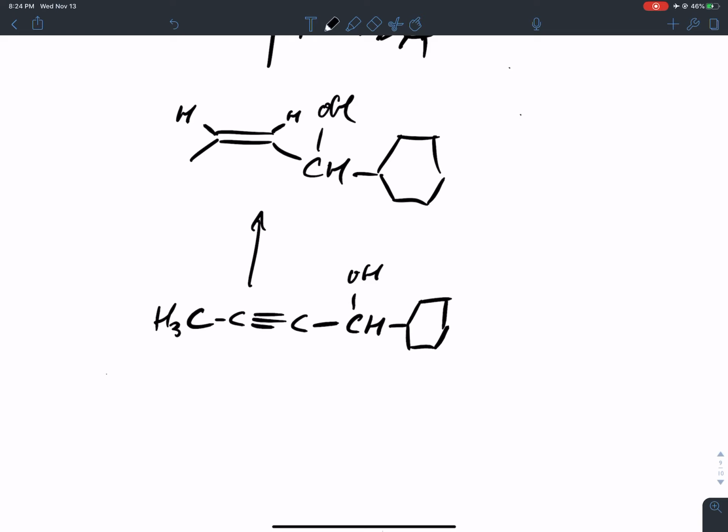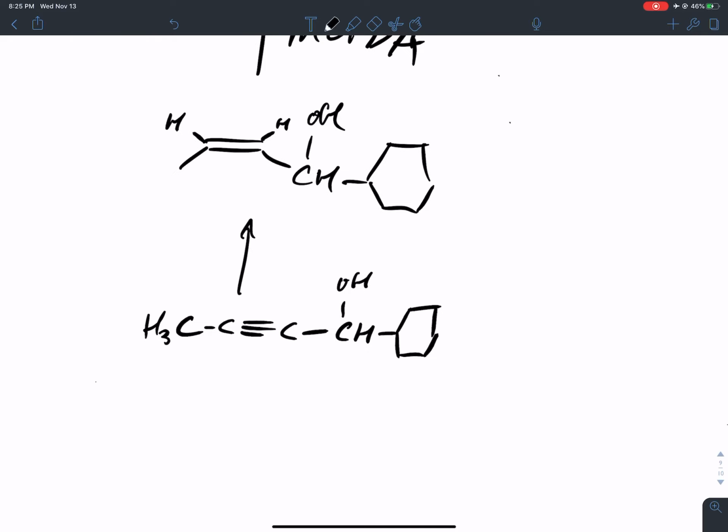Remember before when we used the sodium or lithium metal with the liquid ammonia and the solvating electrons, that gave us the trans double bond. So how do we make a cis double bond? We talked about that one too. Yeah, we're going to use H2 and that poisoned catalyst, Lindlar's catalyst. H2 with palladium and barium sulfate in quinoline.